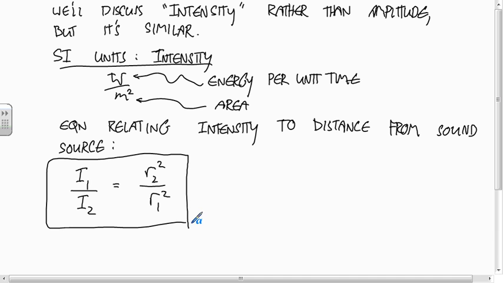So I1 is the intensity at point, or location, 1. I2 is the point 2 intensity.